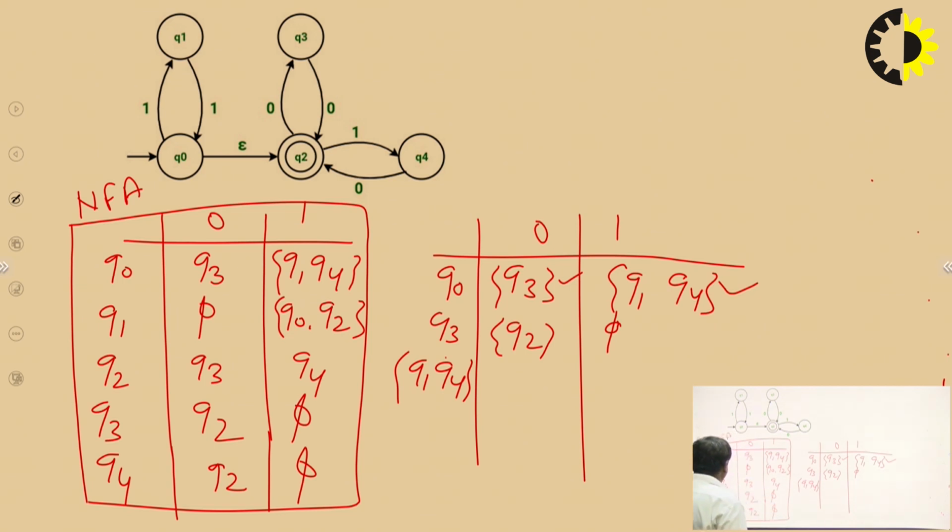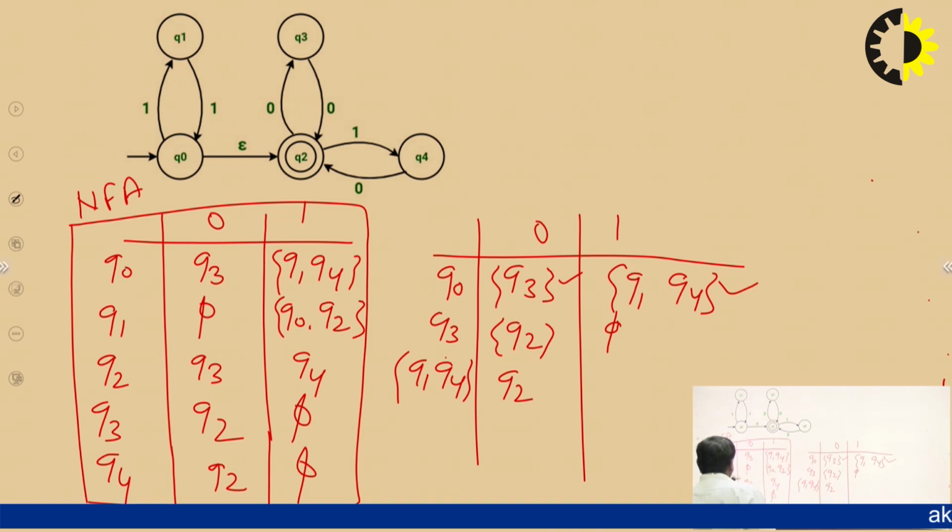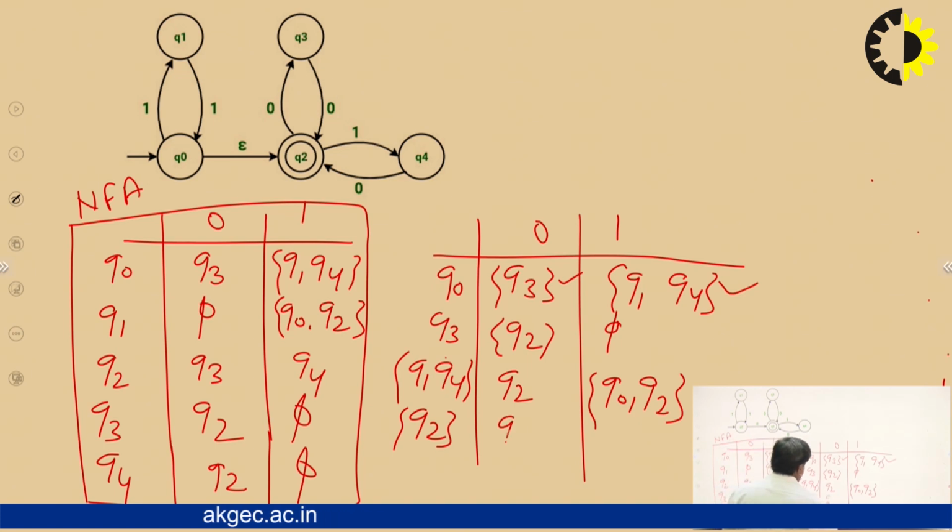Q1 and Q4 on 0 transition is Q2, and on 1 is Q0 and Q2. What is the next state? The next state is Q2. From Q2, that is Q3 and Q4. Any new state?